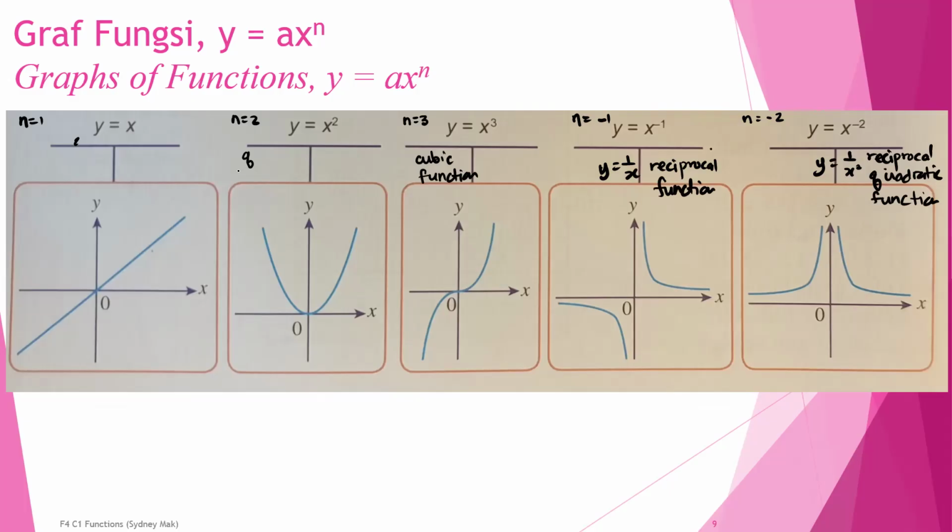This kind of function, what is the name? The small graph, what do you call this? Like this is called cubic function. This one is? The smiley graph, what do you call it? The parabolic graph, we call this quadratic.